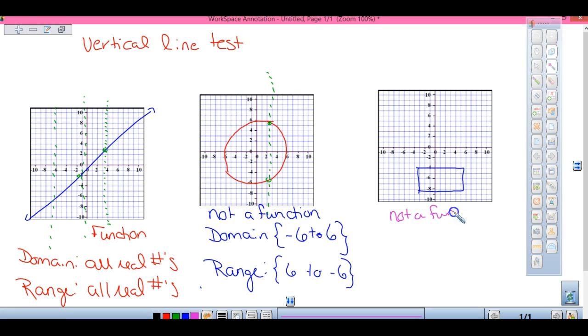Yeah, because if I draw that vertical line, it's going to go through it more than once. My domain, or my x's, goes from -3, I know it's hard to see from back there, to, I think it's a 6.